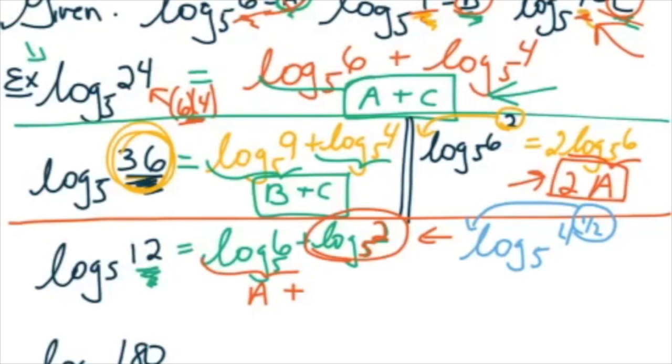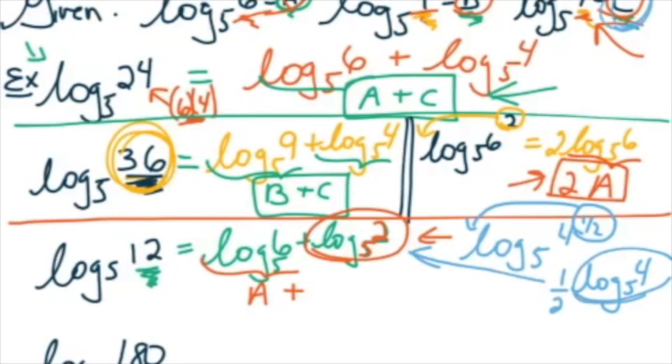So really, the log of 2 base 5 could be written as 1/2 the log of 4 base 5. Log of 4 base 5, oh yeah, that was given to be c. And the 1/2 is just chilling around for the party. So the log of 12 could actually be expressed as a plus half a c.